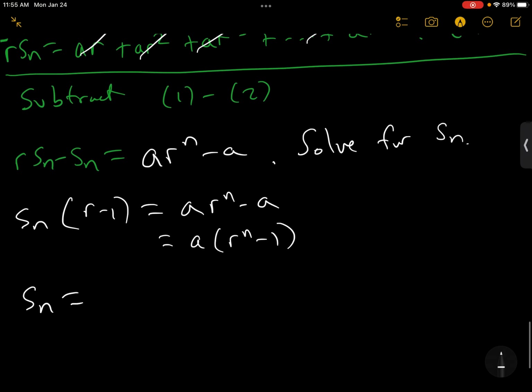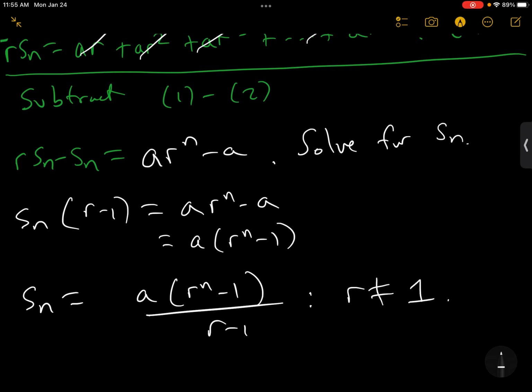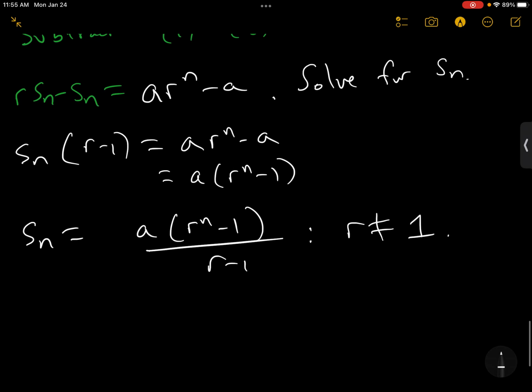And so Sn is equal to A times (r to the n minus 1) over (r minus 1). This is true only if r is not equal to 1. If r equals 1, it's just the sum of the constant terms, so it's nA. And there's the formula for the sum of the first n terms of a geometric sequence.